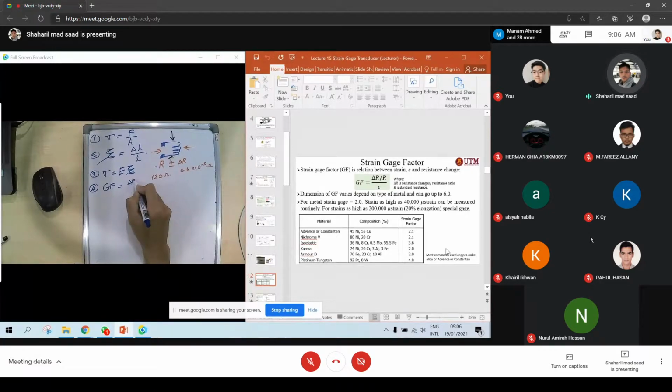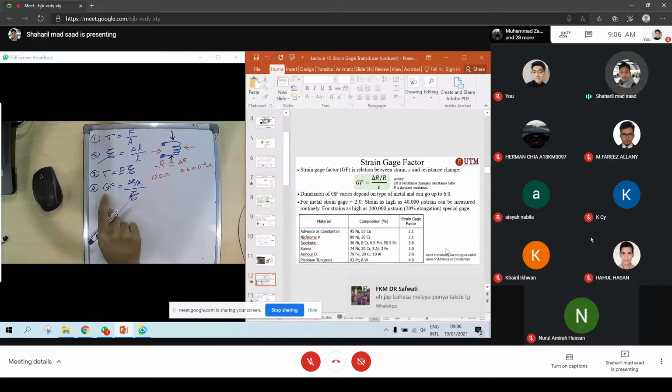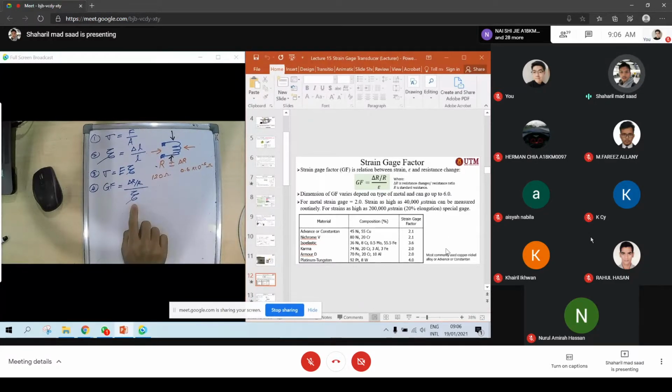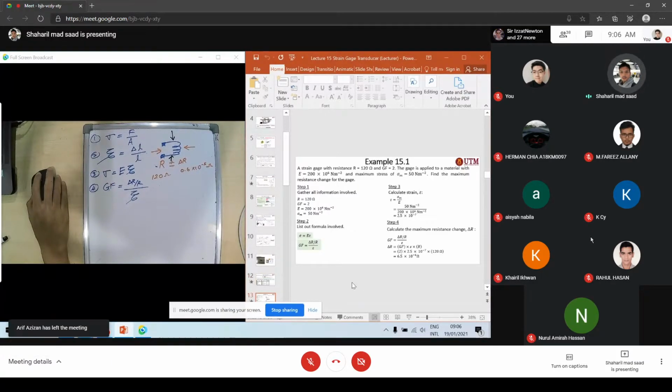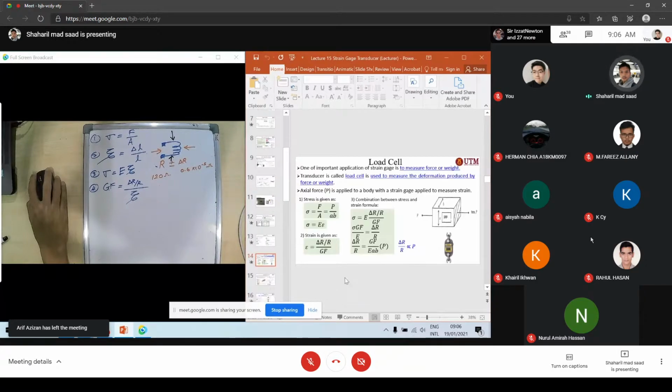The formula gives you delta R over R divided by the strain. So the gauge factor is determined by delta R over R over the strain. There are different materials for the strain gauge.